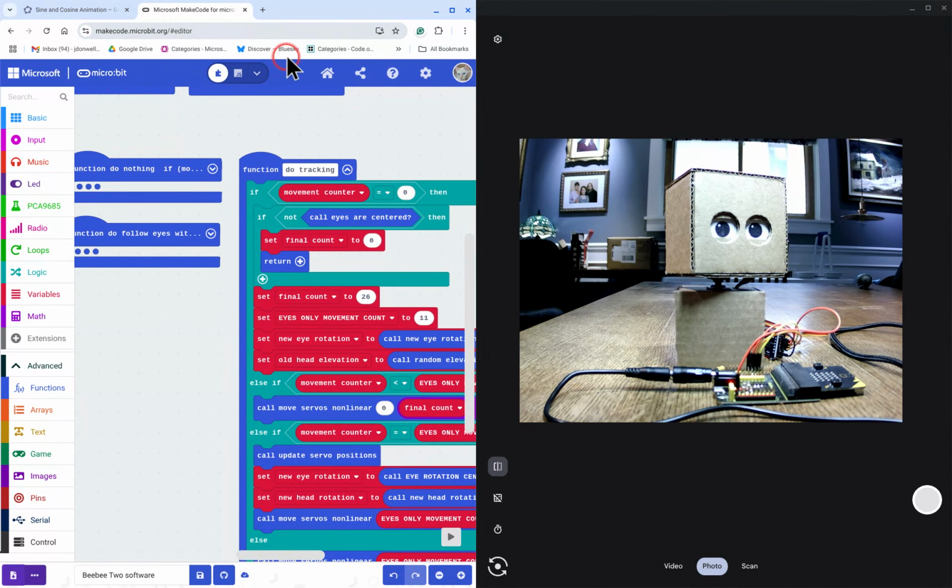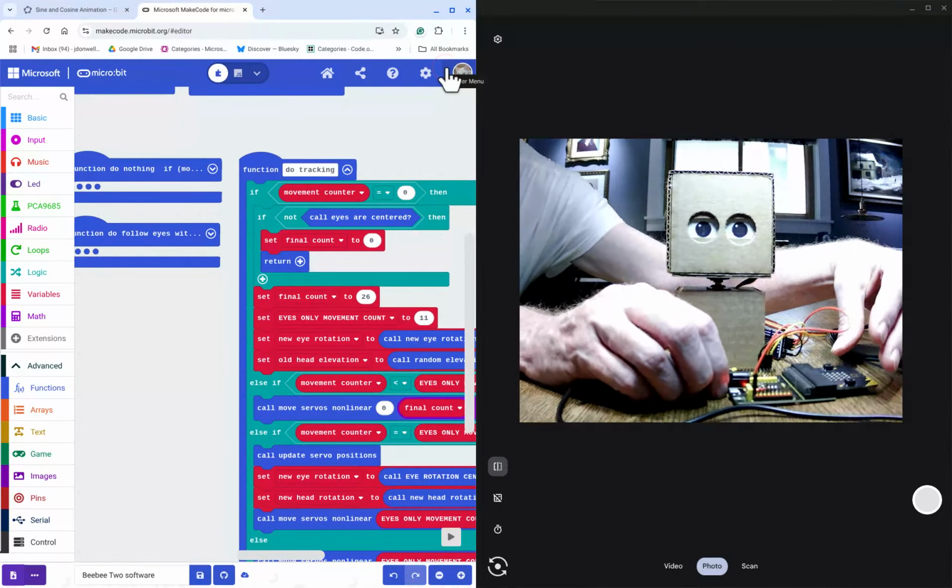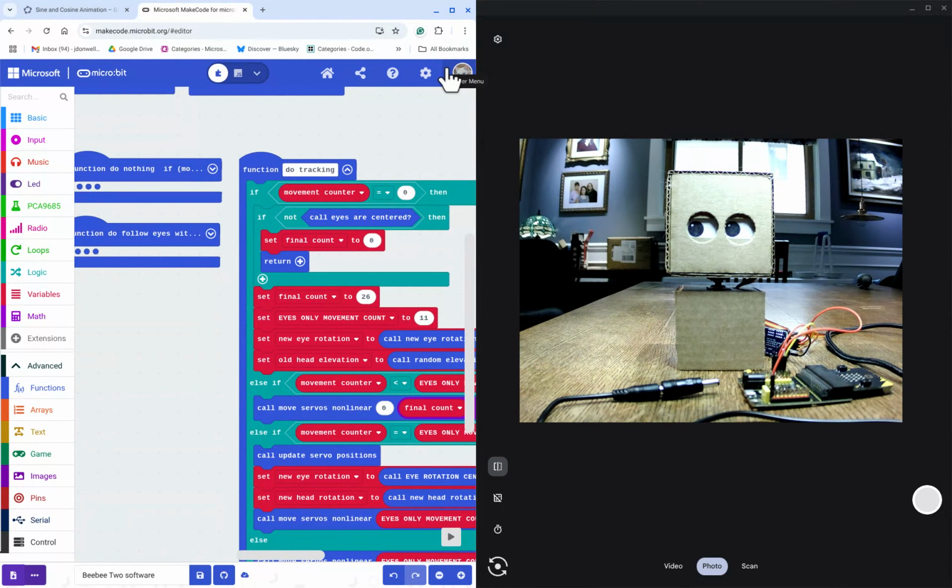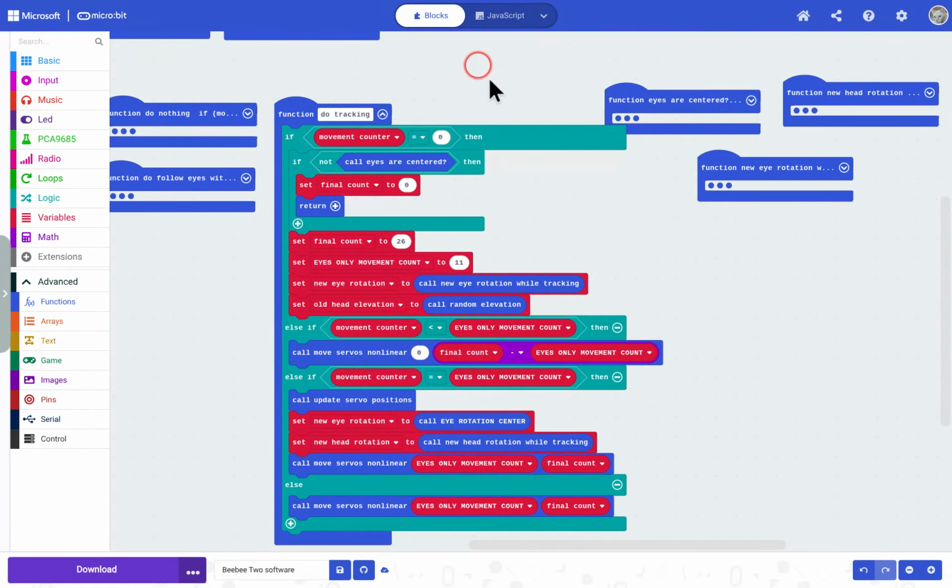Go back to this for a little bit. Let me do some math here. I think there might need to be a little bit of change. So if we subtract 11 from 26, we're going to get 15.